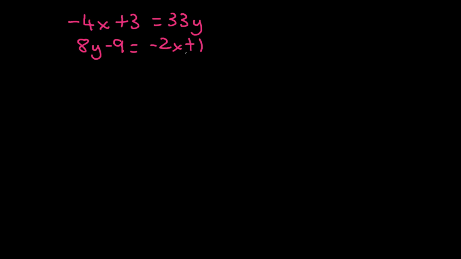For our final example, we shall be using substitution again, but looking at these equations, we can see we need to rearrange them into the standard form. Again, standard form is something x plus something y is equal to something.